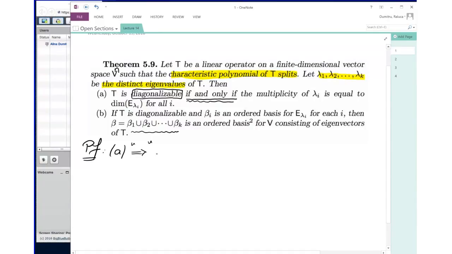Let's just assume first that T is diagonalizable. By definition, that means that there exists a basis beta, let's say, for V consisting of eigenvectors for T.